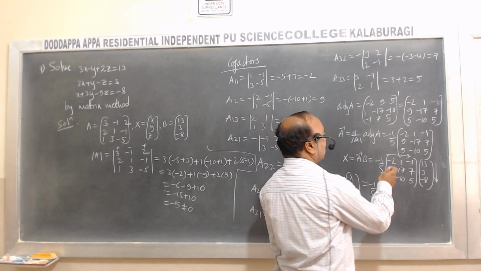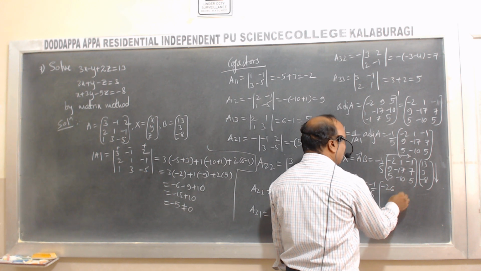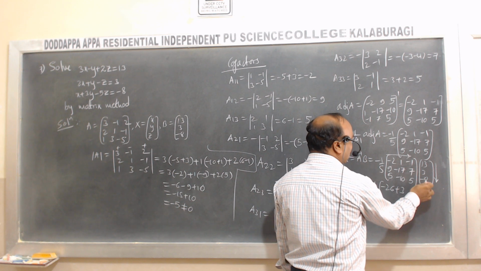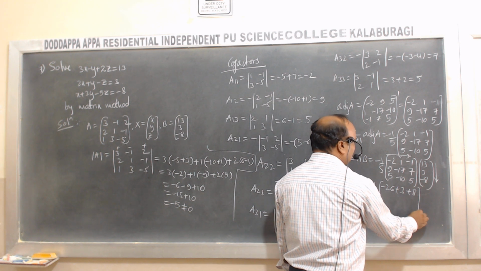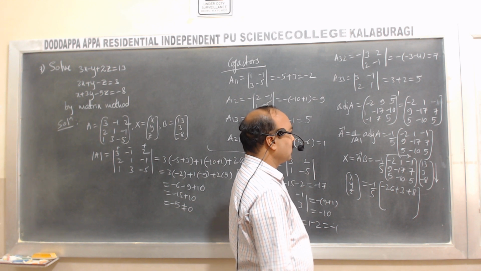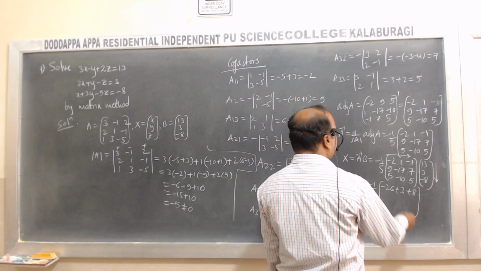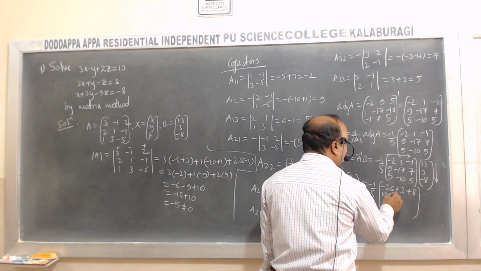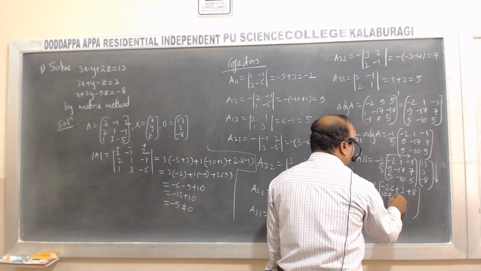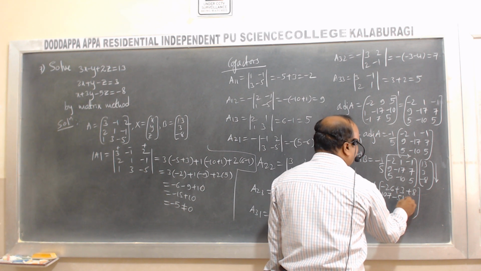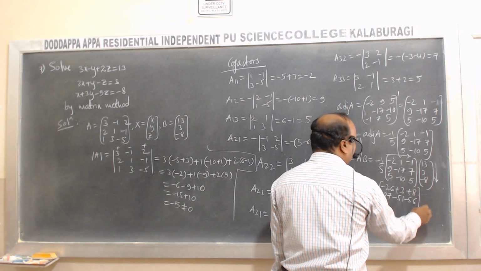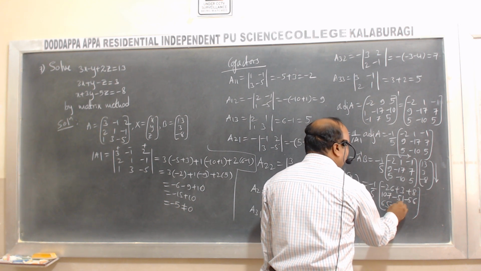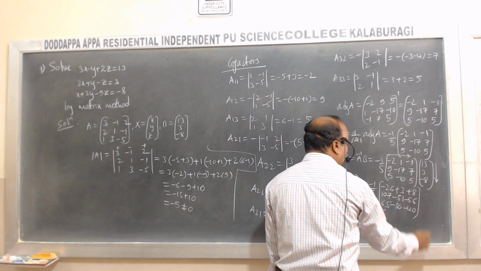Multiplying these two, first row: minus 2 into 13 is minus 26, 1 into 3 is 3, minus into minus is plus 8. Next second row: 9 into 13 is 117, minus 51, minus 56. Next third row: 5 into 13 is 65, minus 30, minus 40.